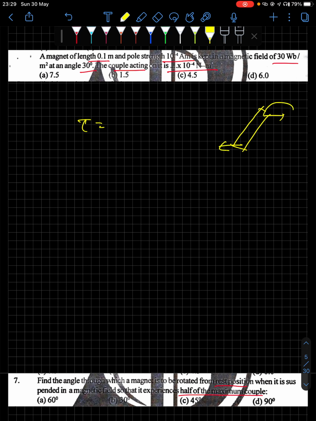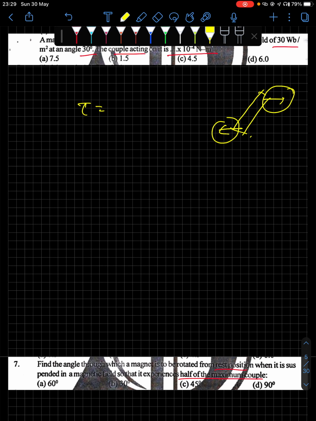These two forces are equal in magnitude but opposite in direction. Together these two forces constitute a couple.